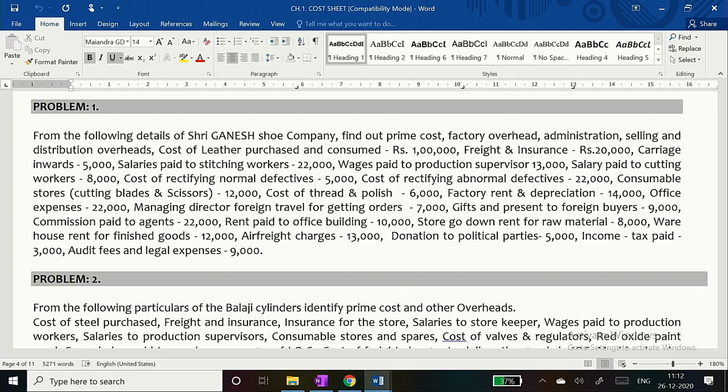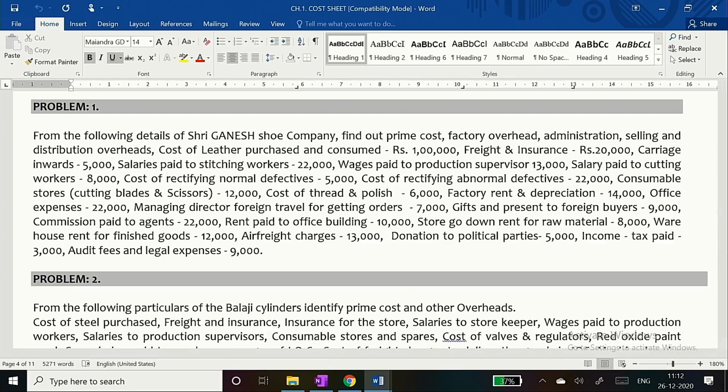Air freight charges, 13,000. That is, goods are transported to West Germany, UK and all, Japan. So this carriage outwards is a distribution cost. Donation to political parties is a financial item. Donation to political parties is financial in nature.